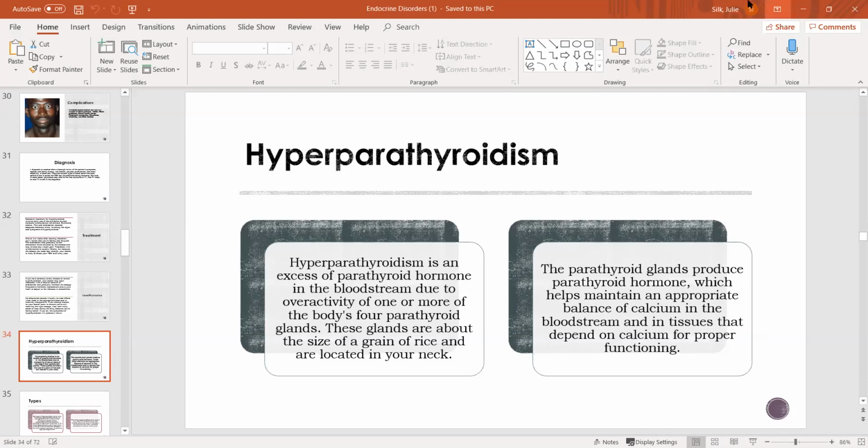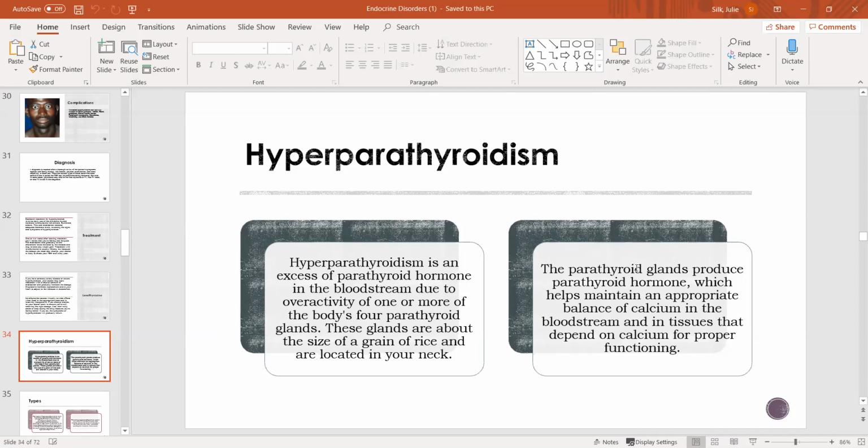I'll show you a picture in a minute. Basically, with hyperparathyroidism, we have excessive secretion of parathyroid hormone, which the parathyroid gland secretes. And it causes you to have hypercalcemia and hypophosphatemia.